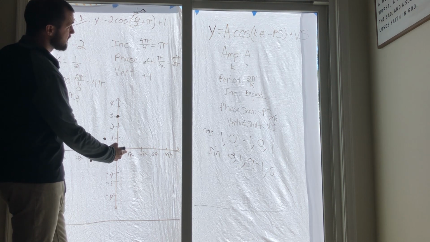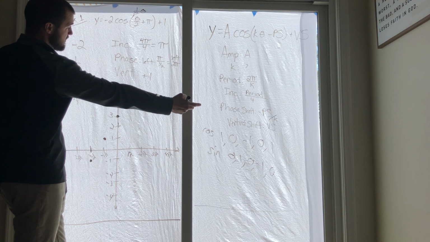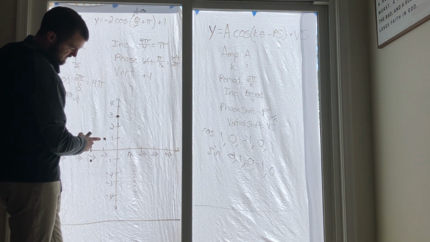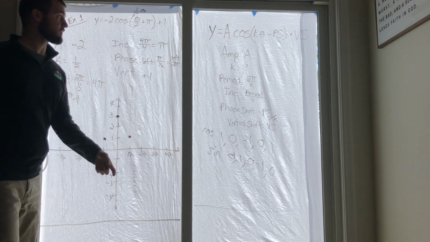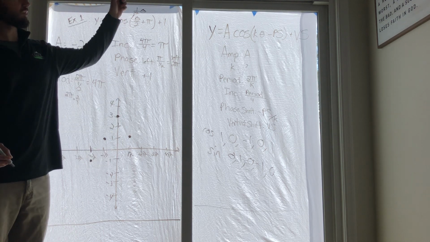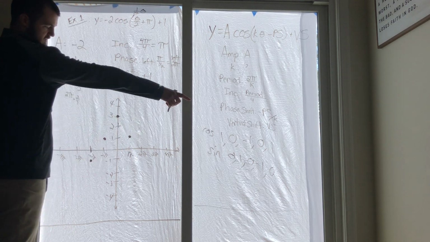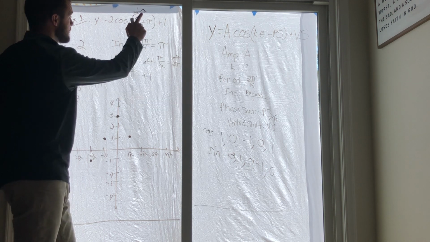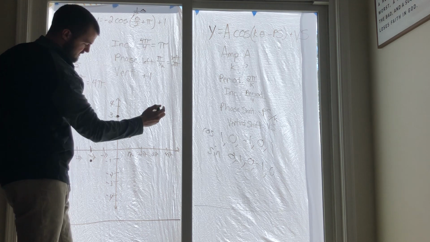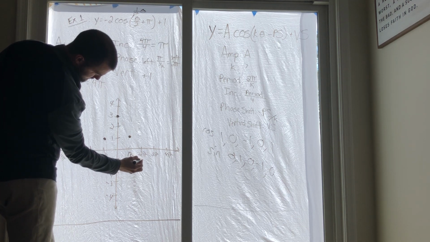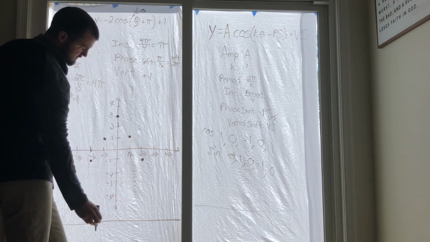To the pi, again, you're doing 0. We already did 0. We know it's at 1. But again, you can go through and do the whole thing if you need to. -2 times 0 plus 1. And then we have 1 again. So -2 times 1 is -2 plus 1 is -1. And you're there.